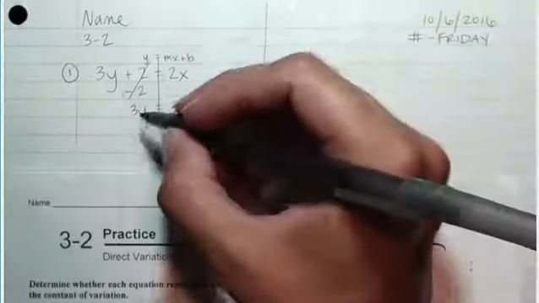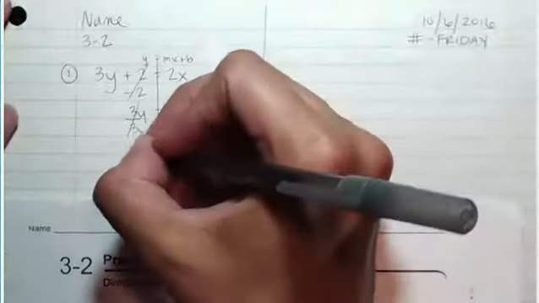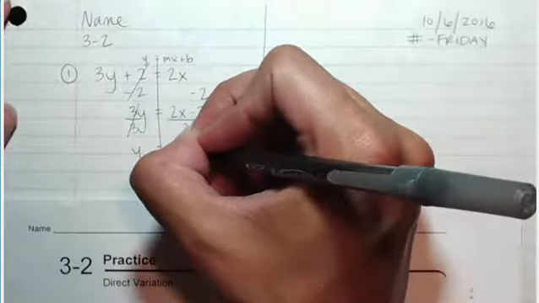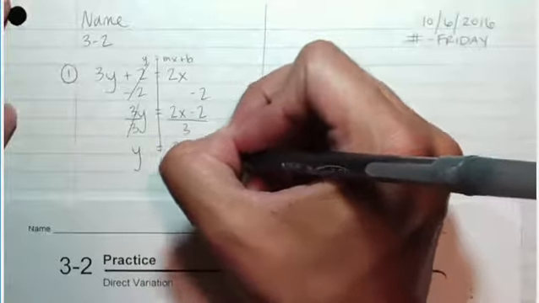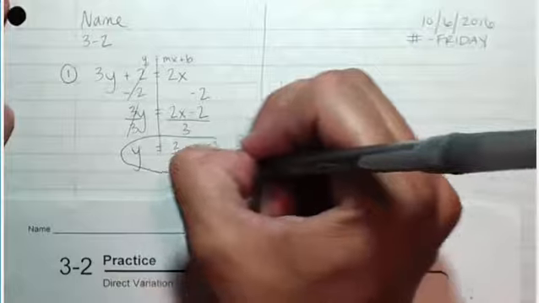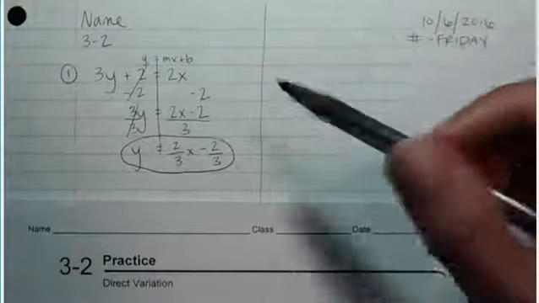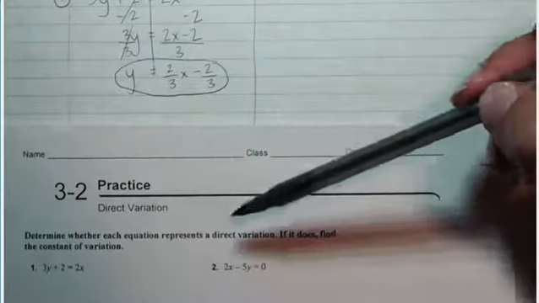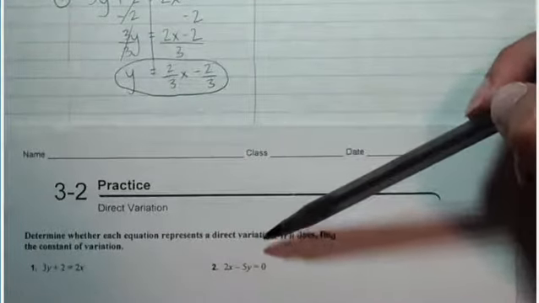From here, again, y needs to be by itself, so I have to divide by 3 on both sides. So I end up having y is equal to 2/3 x minus 2/3. I'm going to circle that. Now the question's asking me, determine whether each equation represents a direct variation.